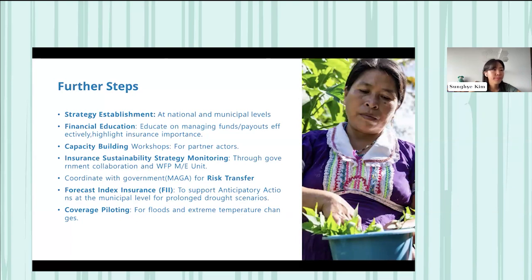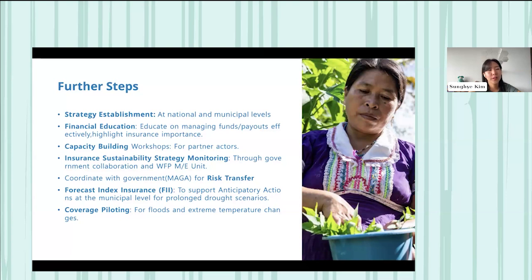Moreover, we are working on another type of insurance, FII, forecasting index insurance. This type of insurance relies on forecasts to enable proactive payouts before a disaster strikes.